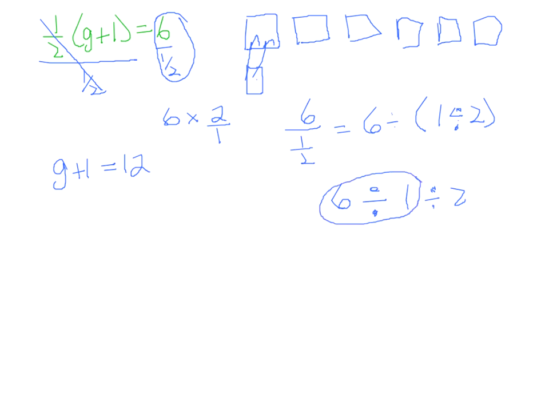So it takes 6 and divides it by 1, and that's just 6, and then divides that by 2, and that gives you 3. This is correct, but it's not what we wanted. We wanted 6 divided by 1/2, which is 12. And so now I'm going to subtract 1 from both sides, and I get g equals 11.